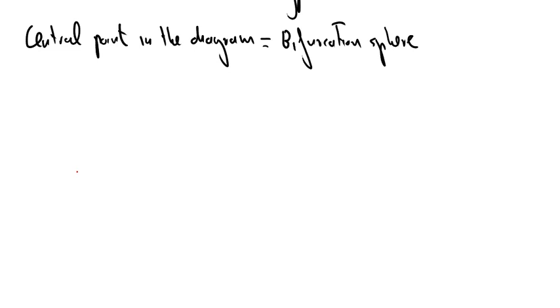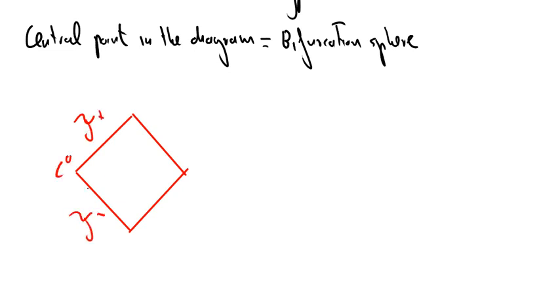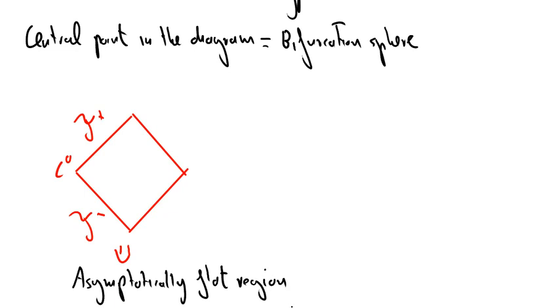So we will have an asymptotically flat region, and then we will have a future event horizon and a past event horizon.